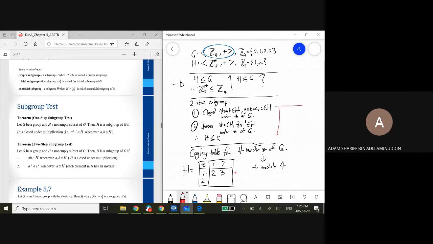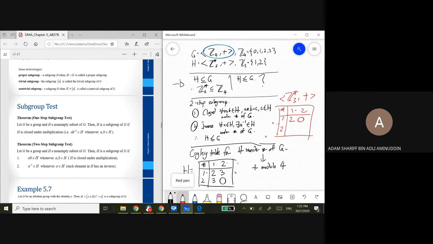If it were the binary operation of Z3 star, under addition, 1 plus 1 is 2, 2 mod 3 is 2. 1 plus 2 is 3, 3 mod 3 is 0. It's different from this one, because this one is under the binary operation of G, which is modulo 4. 2 plus 1 is 3, 3 mod 4 is 3. 2 plus 2 is 4, 4 mod 4 is 0.